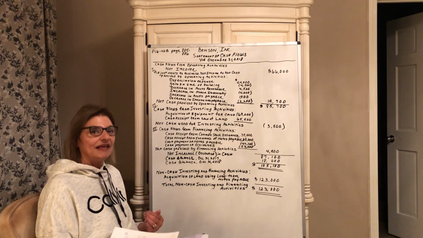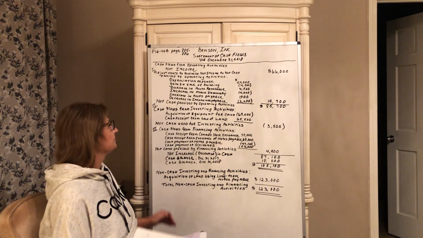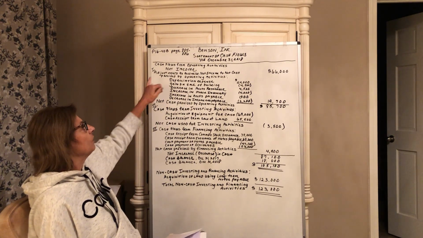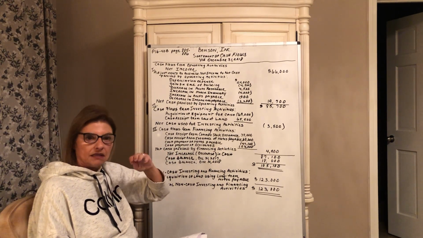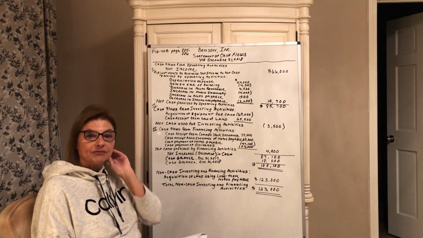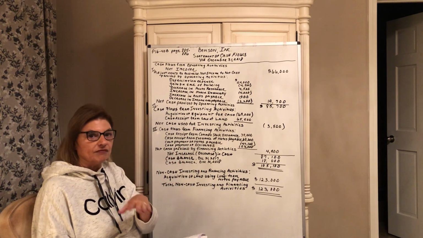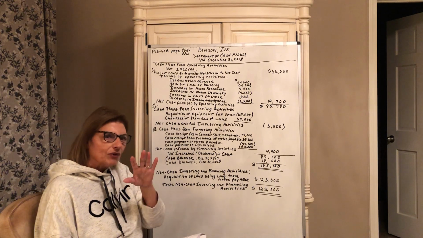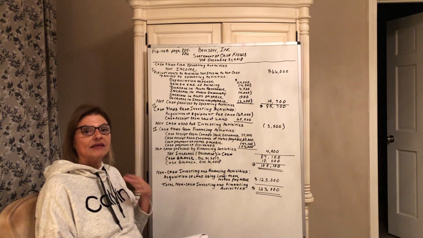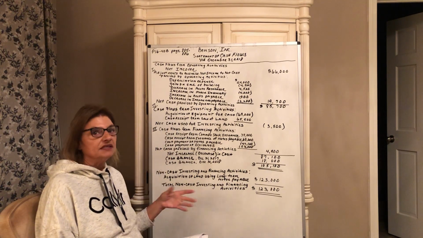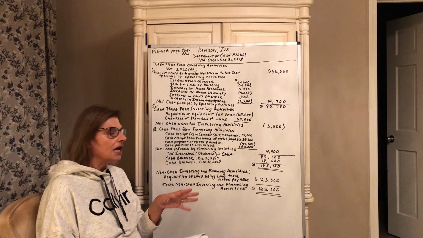So, how did we get there? We got there by doing the 3 sections. First of all, we're doing only the indirect method, as I mentioned in the overview of the chapter in the first video. We don't even bother with the direct method. 99.9% of all businesses use this method, and the indirect method has definitely been the most popular for probably a good decade now.